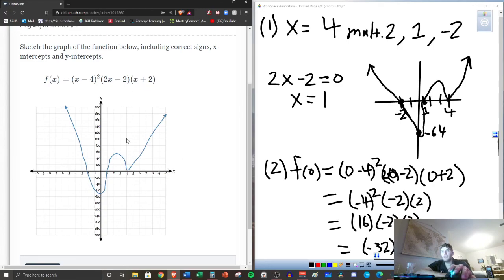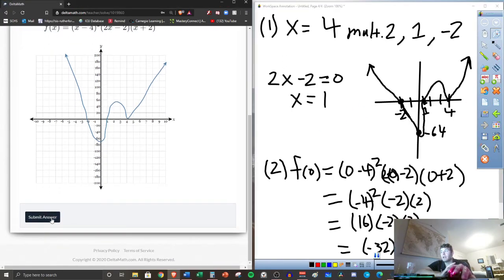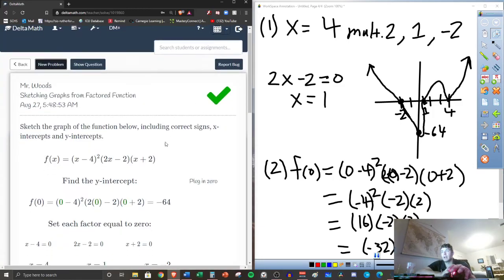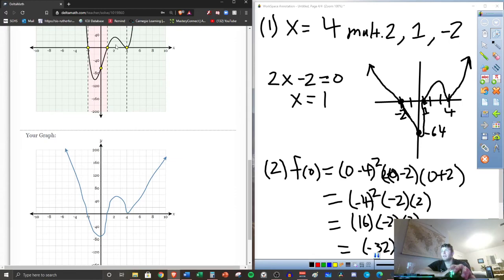Try to make sure that it's not like a straight zag like that. Make sure that you have a little bit of curvature to that. Let's see if I got it right. I got it. There's the graph, and mine is kind of close. You don't have to worry too much about how far these go. You don't want it to be dead flat. It needs a little bit of curvature to it, but you can see a comparison with mine.